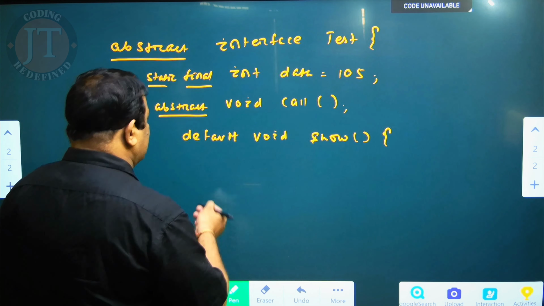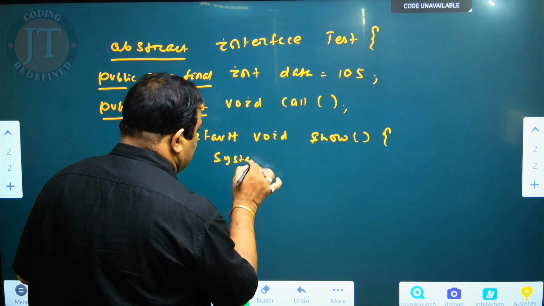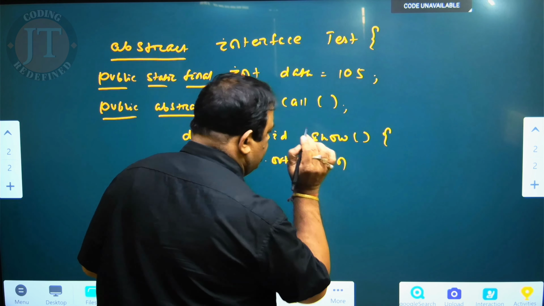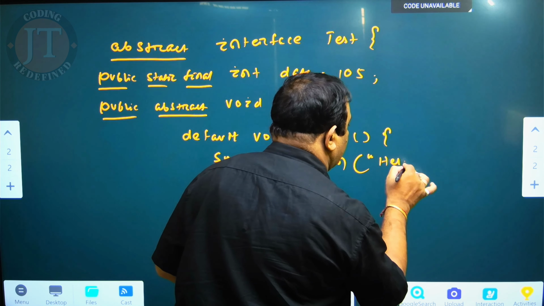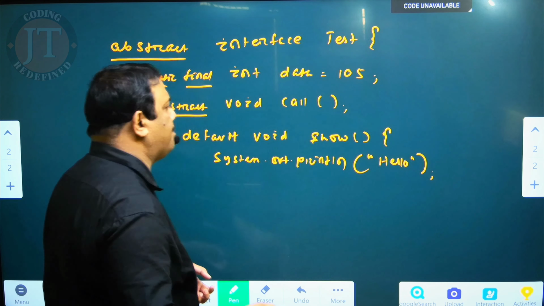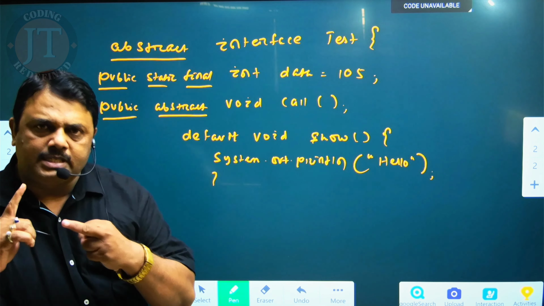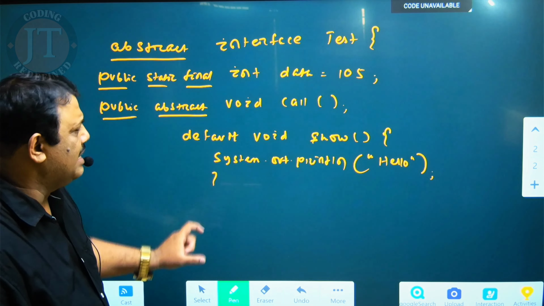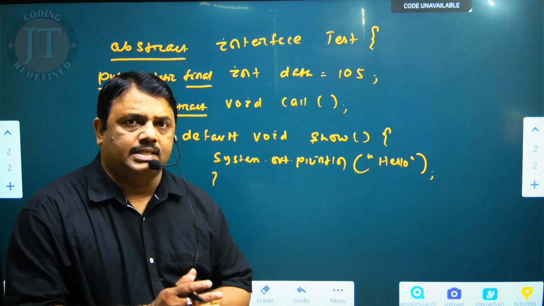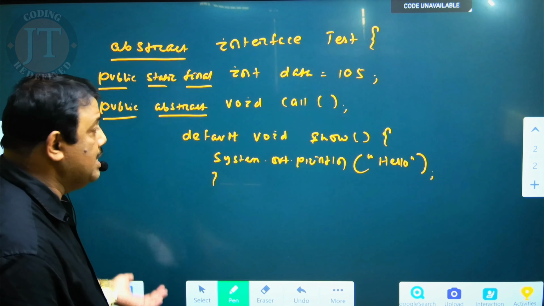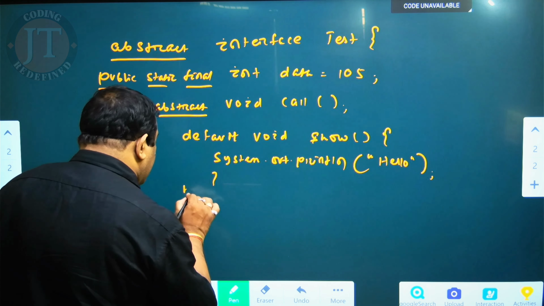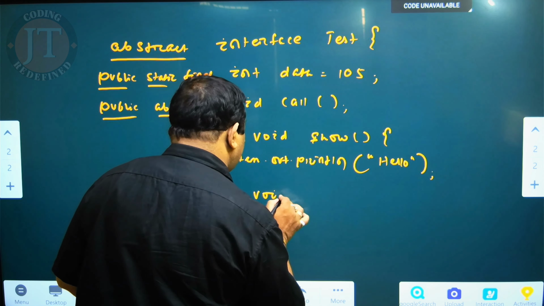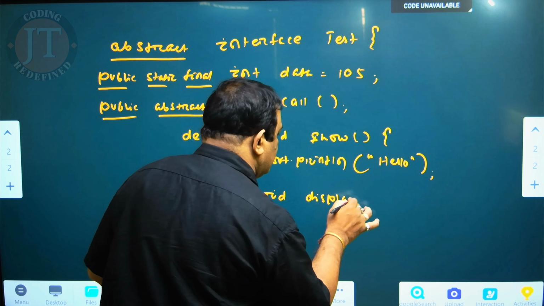I pass System.out.println hello. So before JDK 1.8 nothing was defined within an interface, but in JDK 1.8 I can define a default method. In JDK 1.9 another method I can define is private void display.